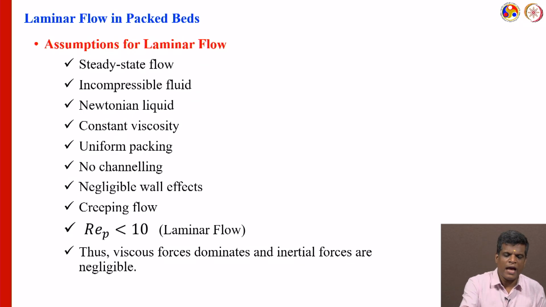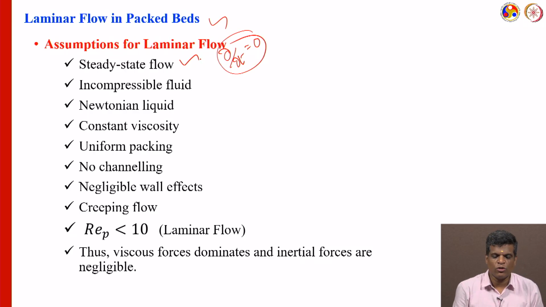So, for laminar flow in a packed bed, what are the assumptions here? We already discussed that it is a steady state flow. For steady state flow we write ∂/∂t equal to 0. Then it is incompressible flow. Compressible flow always comes with a gas, so incompressible is one more assumption for laminar flow.